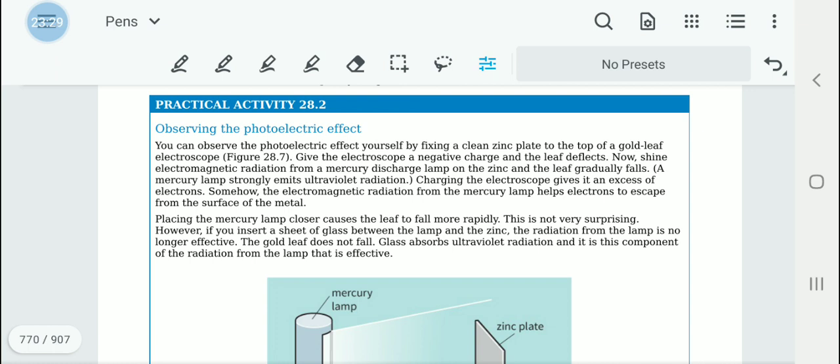However, when a mercury lamp is shone upon the zinc plate, the strong ultraviolet radiation of the light would make the electrons leave, and as a result the charge of the electroscope will be lost and the gold leaf will fall.